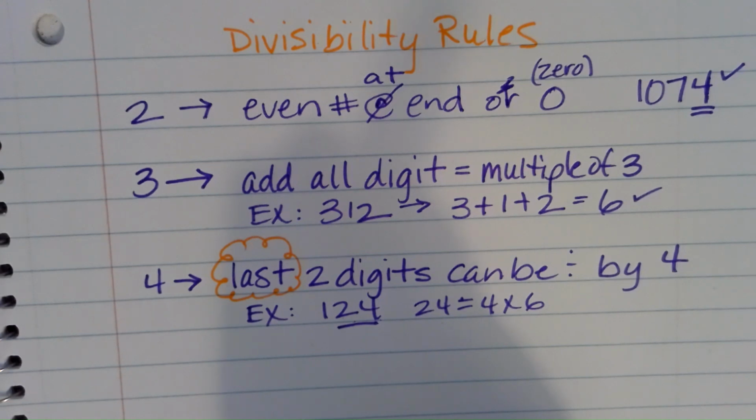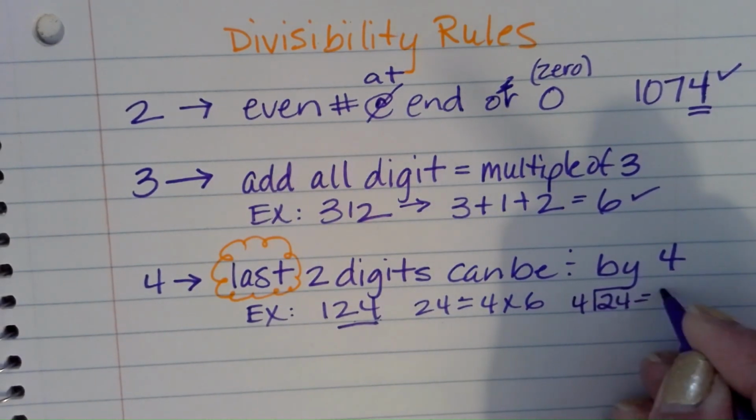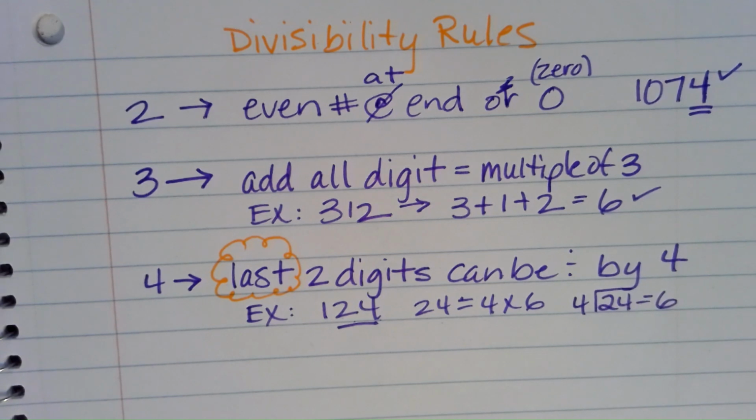So, can I divide 4 into 24 evenly? Yes, because 4 times 6 equals 24. Think fact families. 4 into 24 is 6, or 4 times 6 is 24.